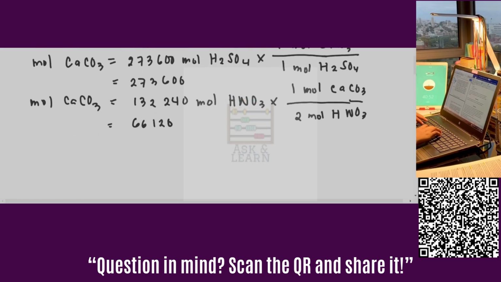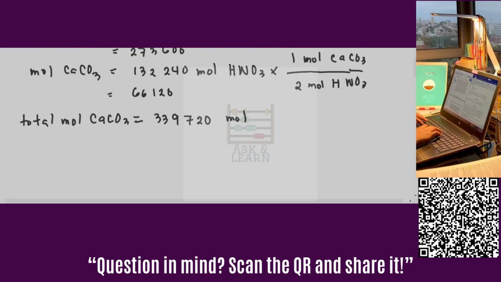And so what we will do next is to get the total moles of CaCO3. So we get 339,720. So this is the total moles of calcium carbonate needed to neutralize the acids in the given volume.